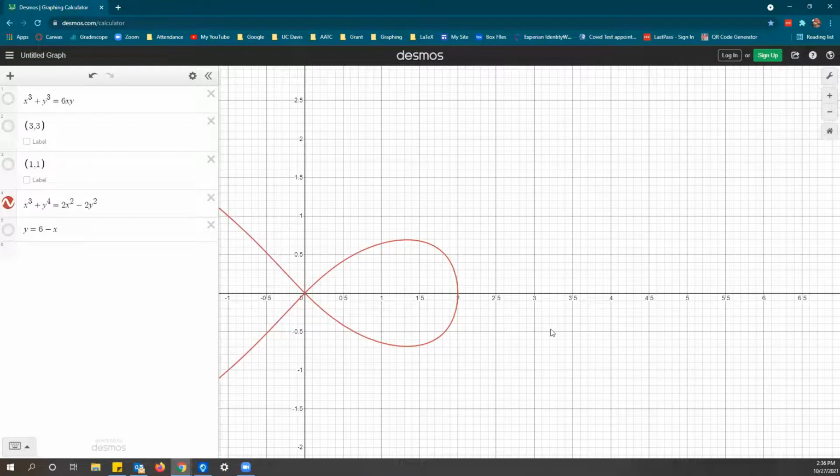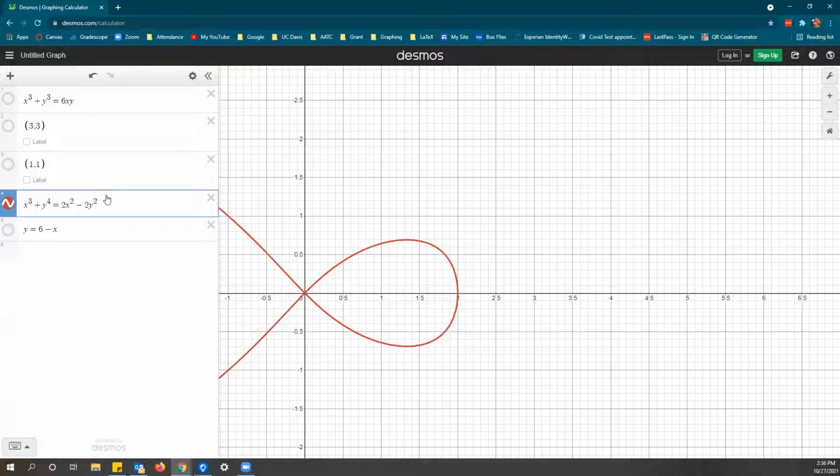I feel like I missed something there. X cubed. Oh, why this? That doesn't seem right. It looked too nice. I was definitely looking at a different function earlier. Did I change my y to the fourth to y to the fifth? Oh, thank you. Yeah, okay. I knew it didn't look that nice.